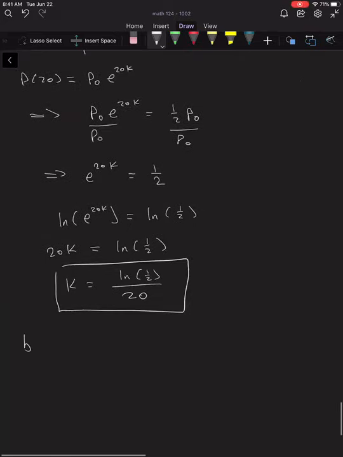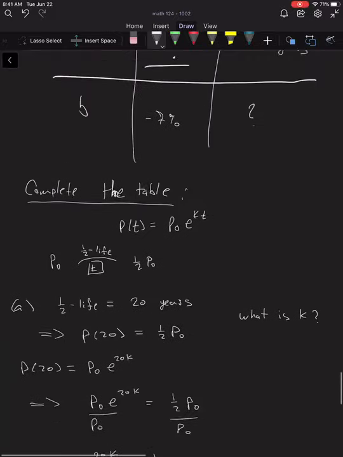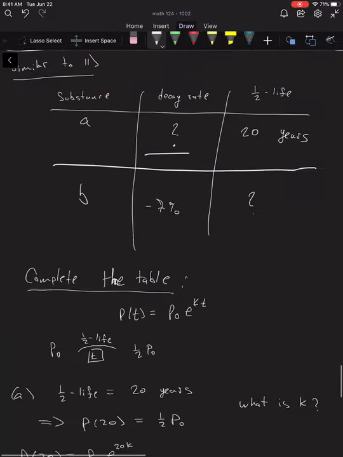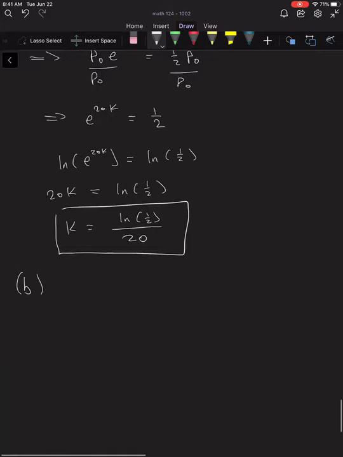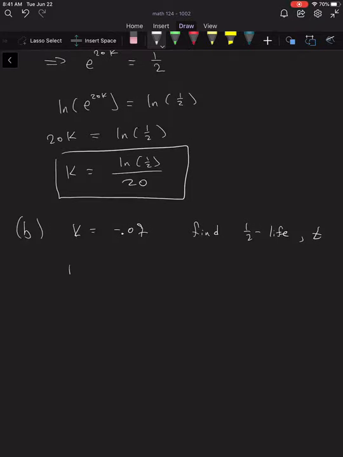Now for substance B, what are we given? Well, we're given that our decay rate is minus 7%. So the decay rate is equal to minus 0.07. And we want to find the half-life. Half-life T. We don't know what T is, but we do know that P of T, at that time value, has to equal half.